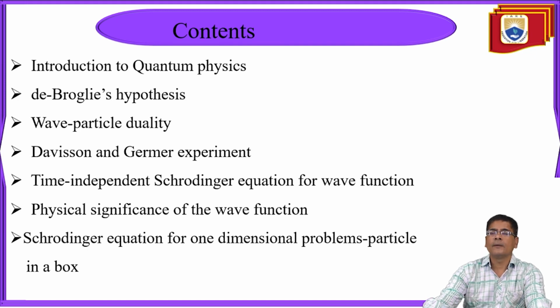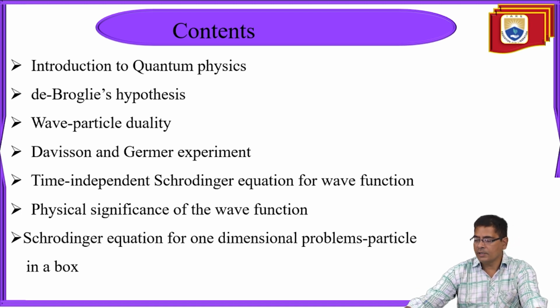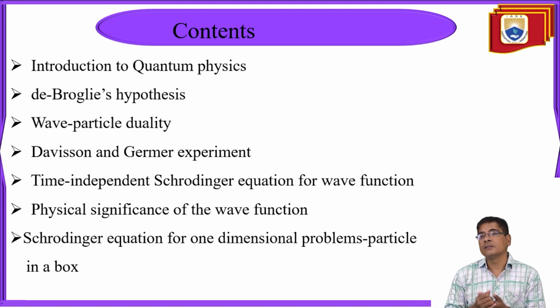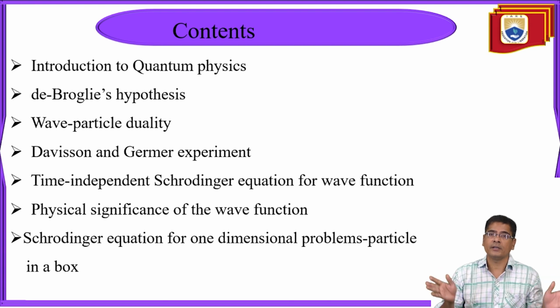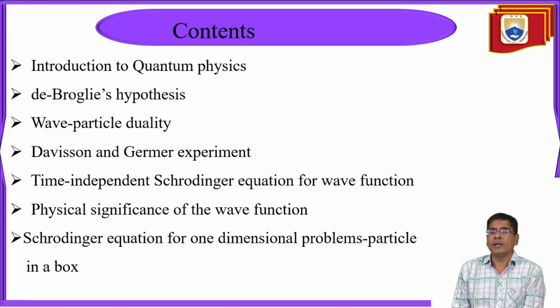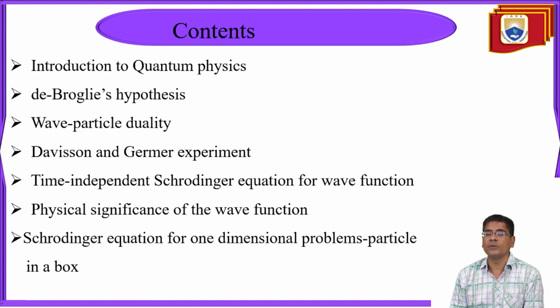If you come to the introduction to quantum physics, what is the basic phenomenon? What are the reasons for quantum physics? We know in physics we have different branches. We have Newtonian mechanics, quantum mechanics, nuclear physics, atomic and molecular physics, statistical physics, different types of physics.